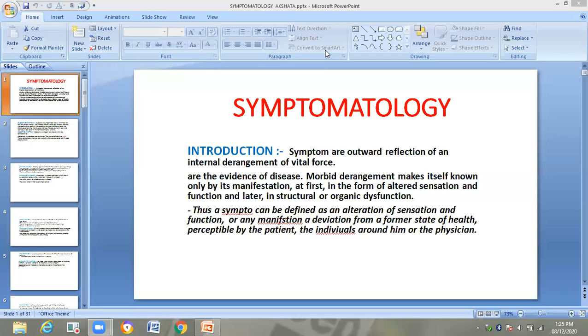All these symptoms, when we combine them together, form the state of disease. So the symptoms are nothing but the picture of the disease. It may be subjective symptoms, it may be objective symptoms. When we consider all signs and symptoms, then we get the proper picture of the disease.